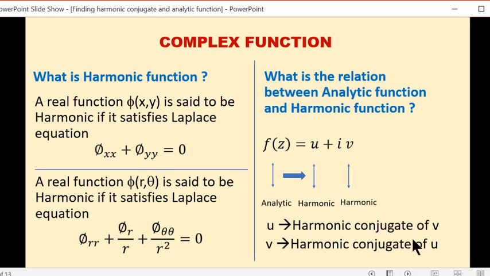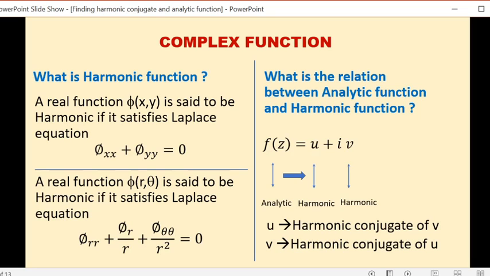Now did you understand what harmonic conjugate means? Okay, it comes from Utkarsha's answer. If u and v both are harmonic, then we can say f of z is analytic.